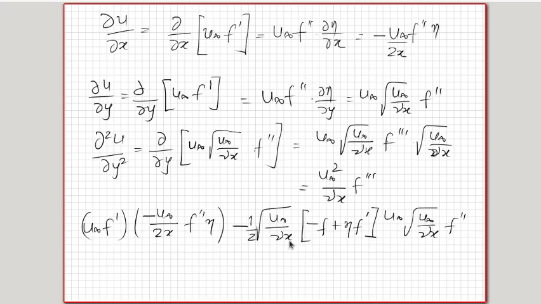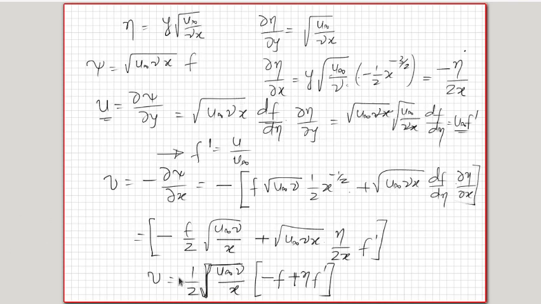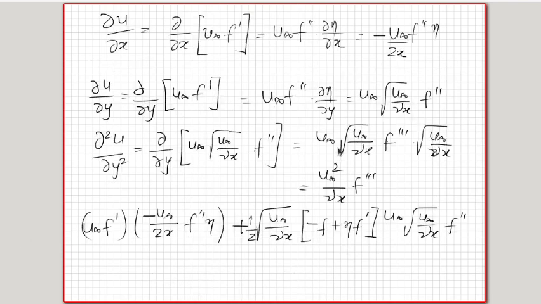Okay, so this is u ∂u/∂x. This is a plus, right? Because there's a plus here, v into ∂u/∂y. Okay, this is equal to ν times ∂²u/∂y². So this ∂²u/∂y² is this u∞² divided by νx into f'''. So this ν gets cancelled with this ν, so you get a u∞²/x.